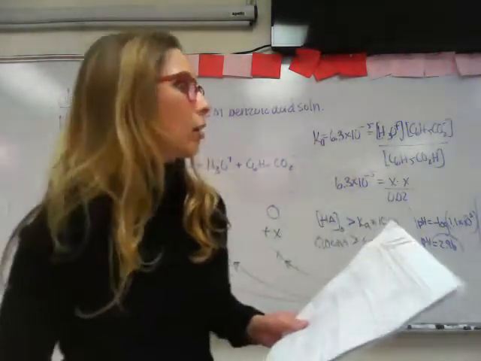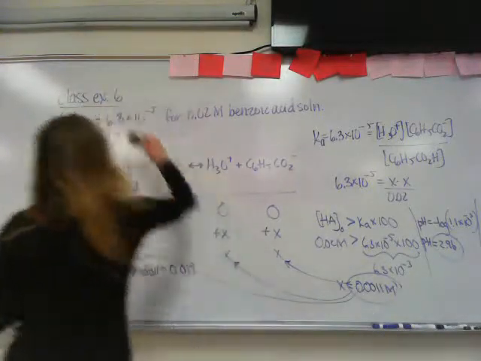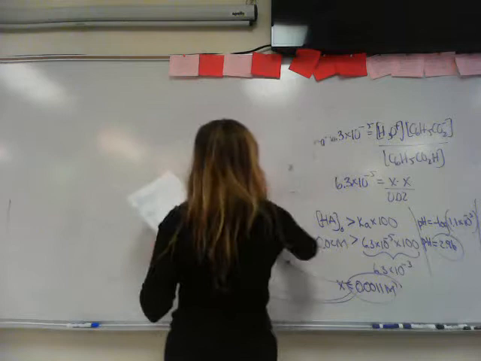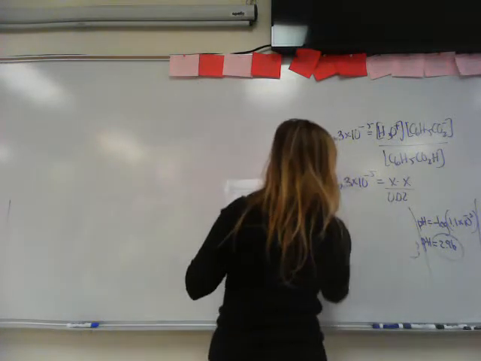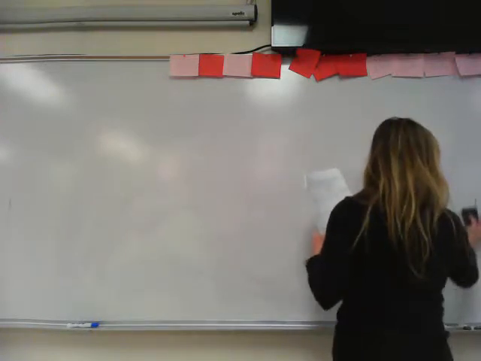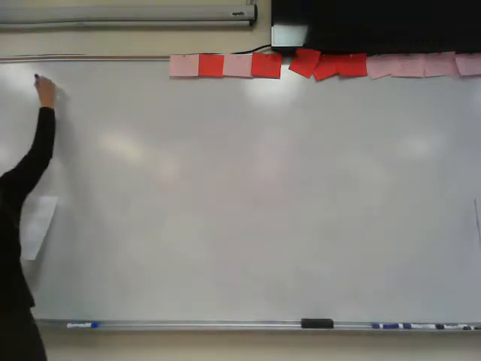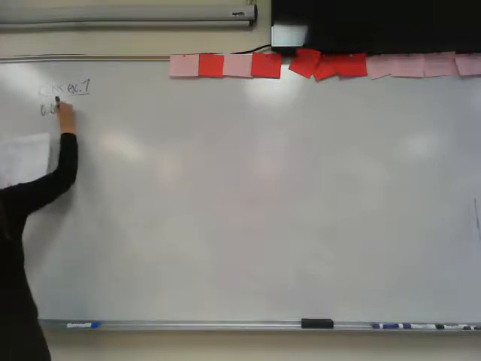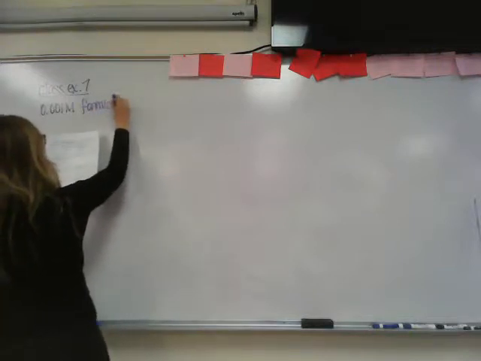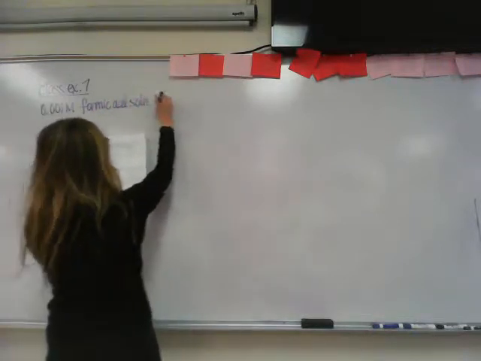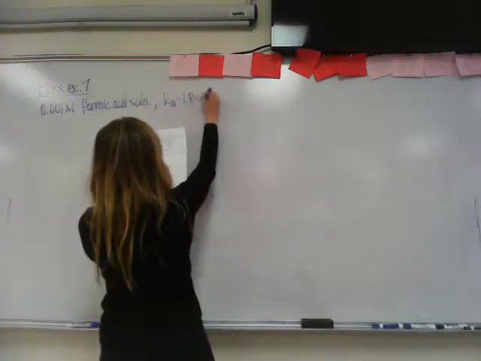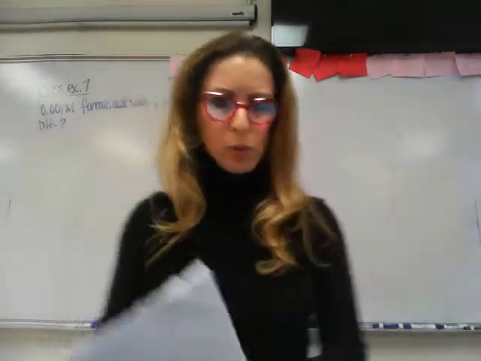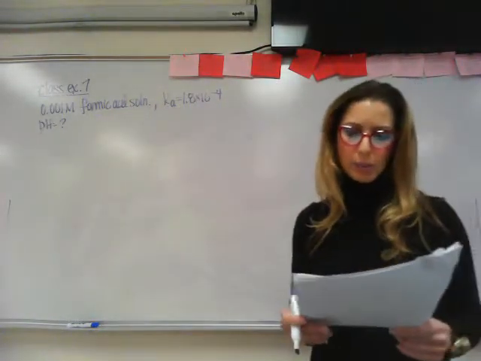All right, now, if we jump down to class exercise number 7, we're using a 0.001 molarity formic acid solution with a Ka of 1.8 times 10 to the negative fourth.